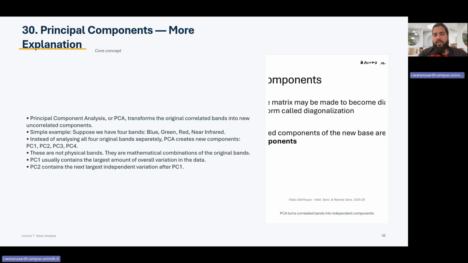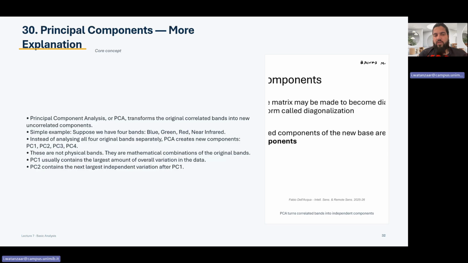For example, what do PC1, PC2, PC3 represent, although we can see them separately in the normal way. The idea is that PC1 usually contains the largest amount of overall variation in the data. The blue band, for example, in this case has very different information, with a high variation in data.